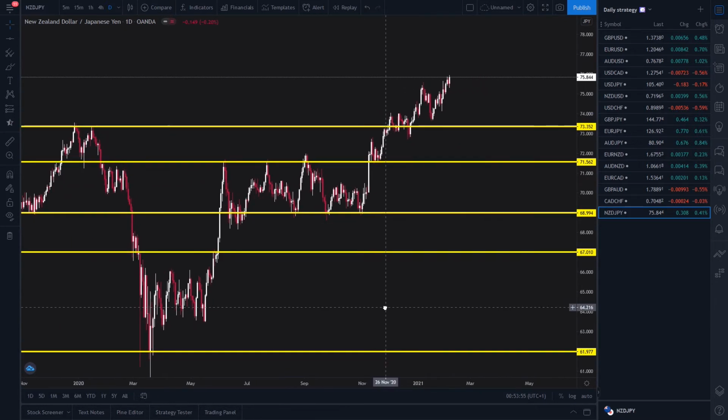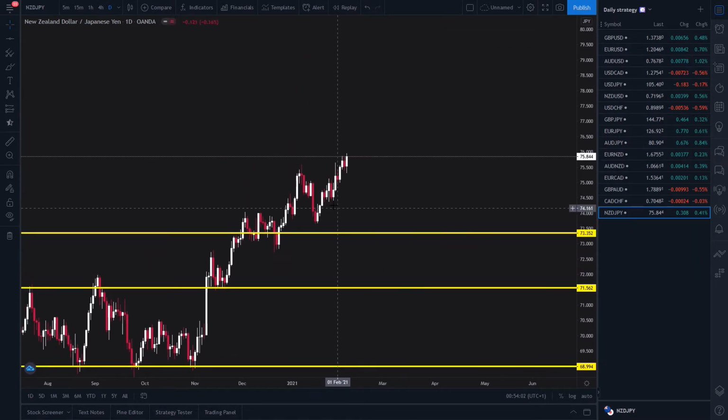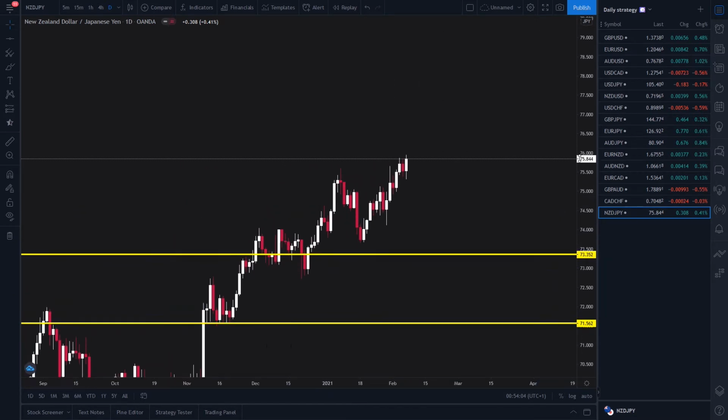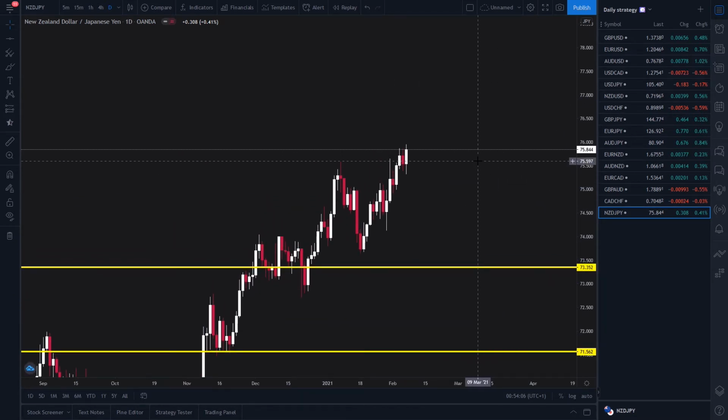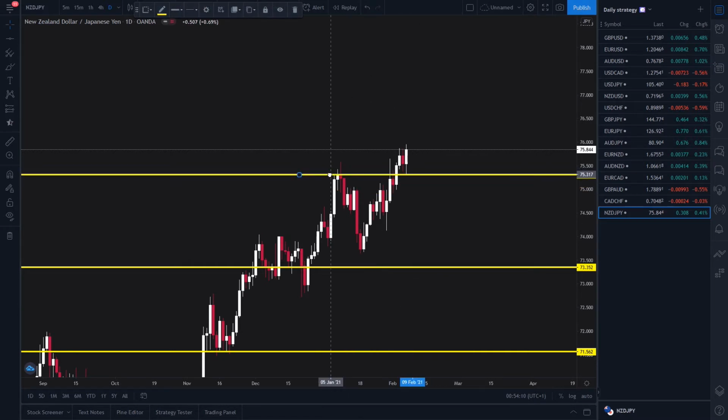So you have those levels, and you can mark up the most recent ones if the price isn't between them. So let's go for the last high, and we are forming a new high now on the USDJPY.